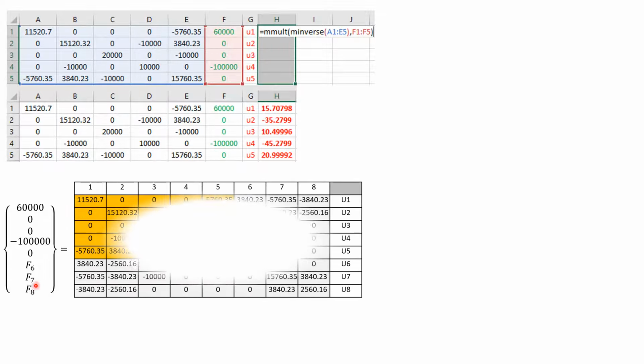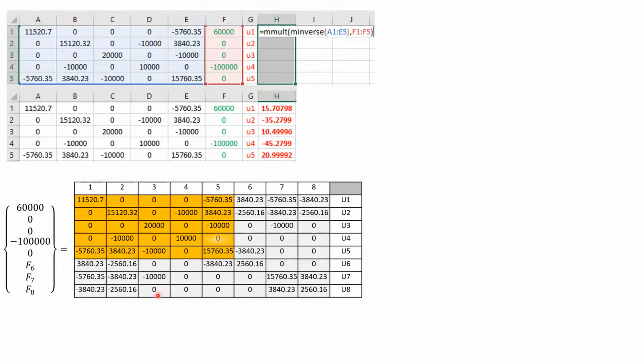So this is the global stiffness matrix. To solve for F6, you have to multiply this row with the global displacement values here.